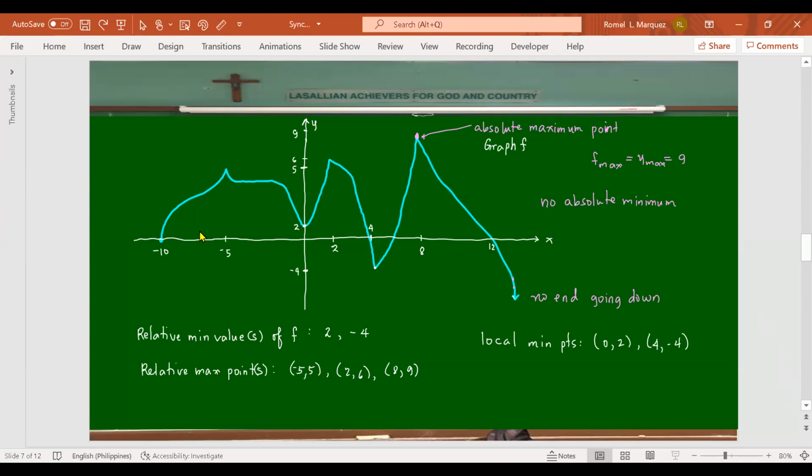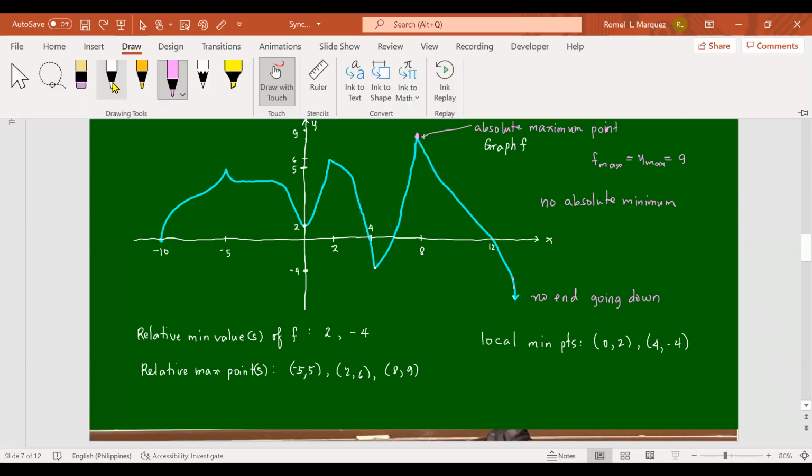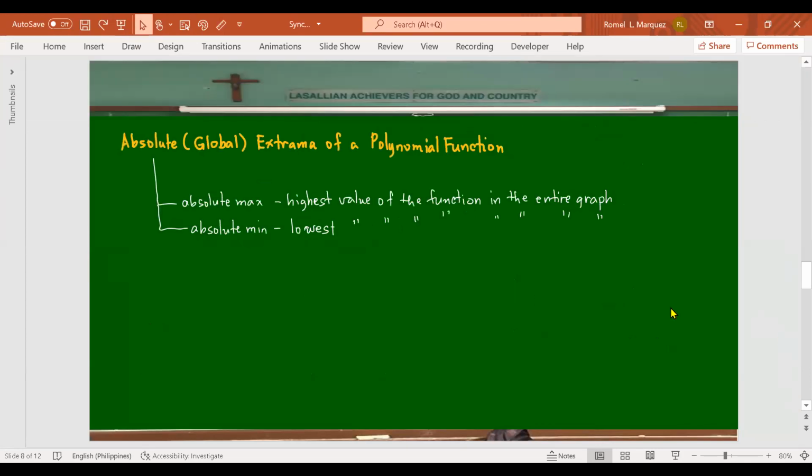No. So let's say I continue this one. I have this one. This is, for instance, my x-axis.